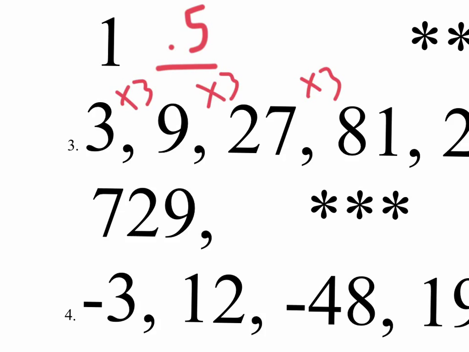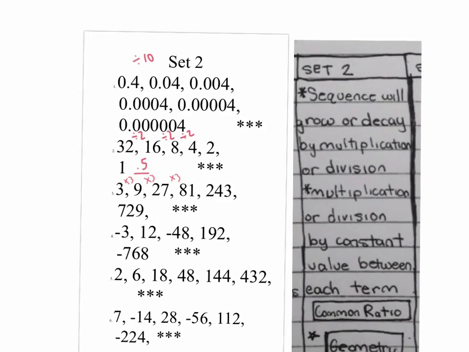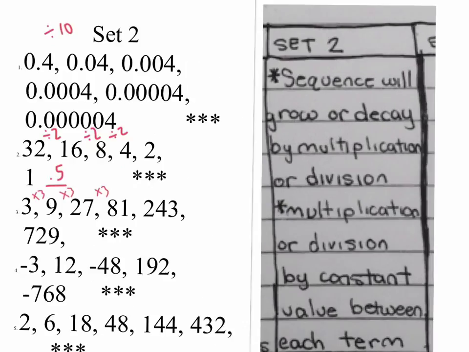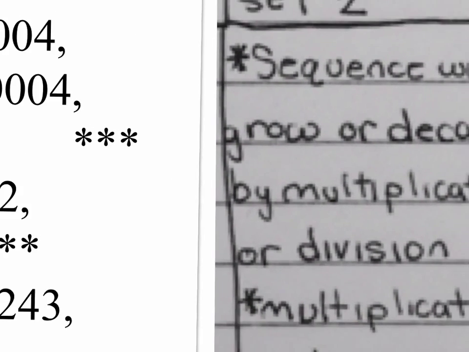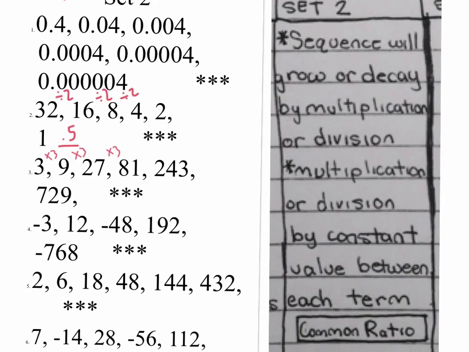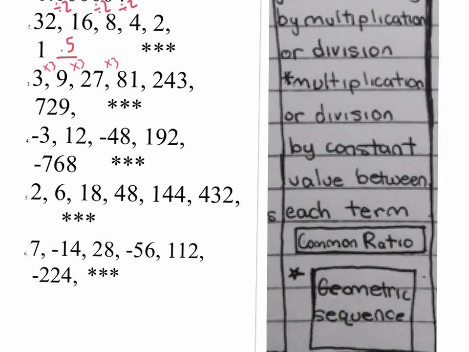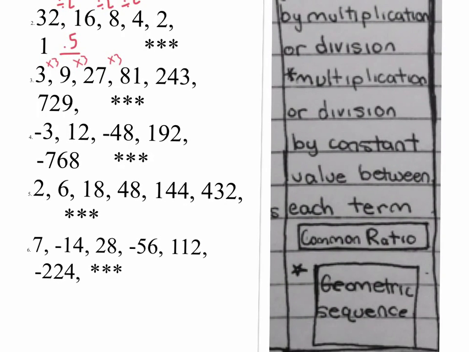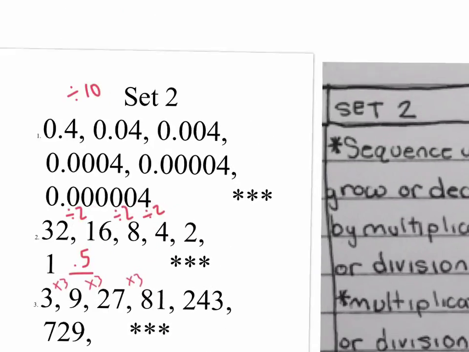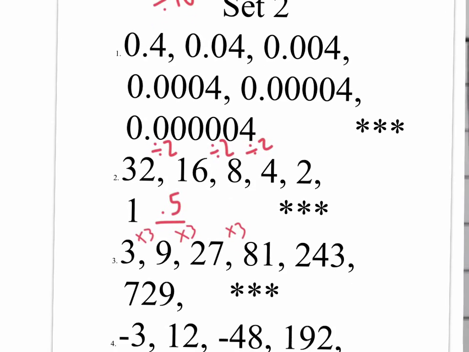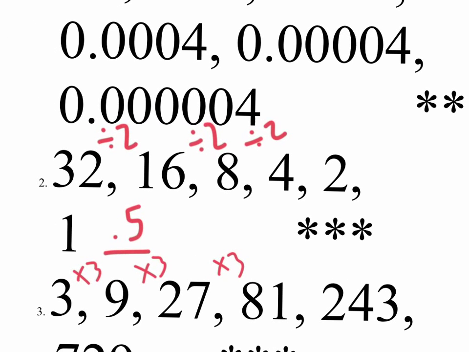So what does this mean? Sequences will grow or decay, grow meaning get bigger, decay meaning get smaller, by multiplication and division. Multiplication and division by constant values between each term is called the common ratio. So the common ratio in number 1 is division by 10, and the common ratio in number 2 is 2.